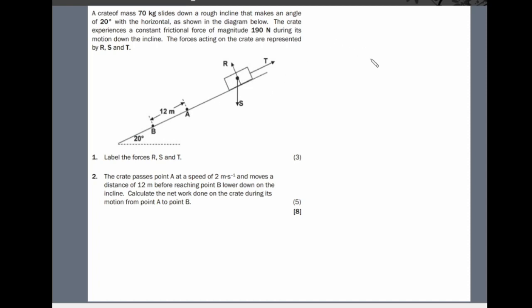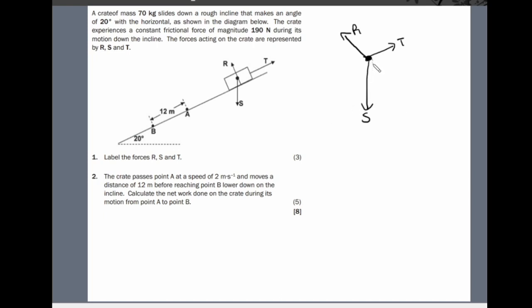So now if we draw a free body diagram of this whole scenario, we'll see this is our friction, which is T. This will be our gravitational force, which is S, and this will be our normal force, which is R, right? And then on this gravitational force, there is a perpendicular and parallel component of this force, right?